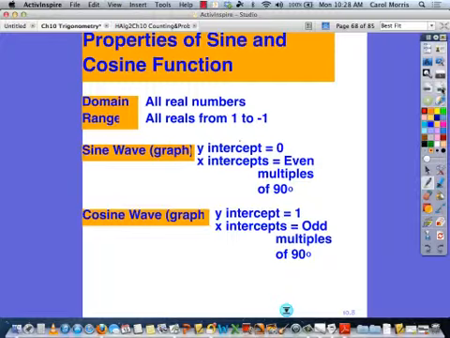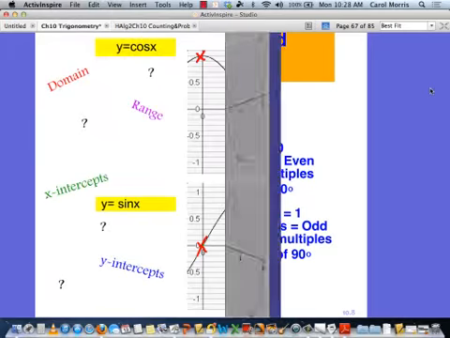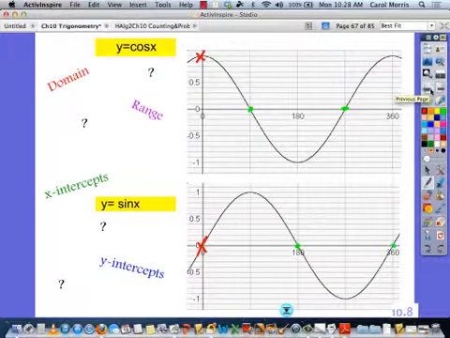If you go back and look at the sine wave versus the cosine wave, and let's just do that again, even, so 0, 180, 360, that's 180 times 0, 180 times 1, 180 times... multiples of 90, sorry. 90 times 0, 90 times 1, 90 times 2, 90 times 3, 90 times 4.